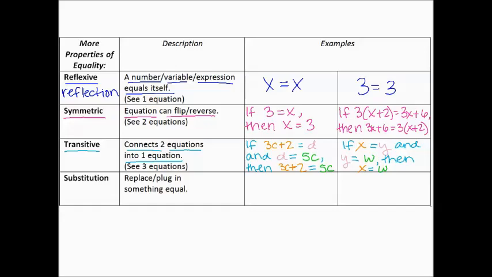And lastly, substitution. Our substitution property says that we can replace or plug in something that's equal.